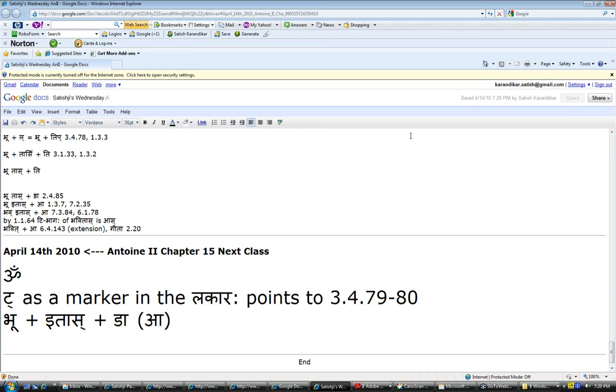These two rules, 7.3.84 and 7.3.86, are always going to come whenever you have any pratyaya which is either sarvadhatukam or ardhadhatukam. Now one quick question here is, does that include all pratyayas?